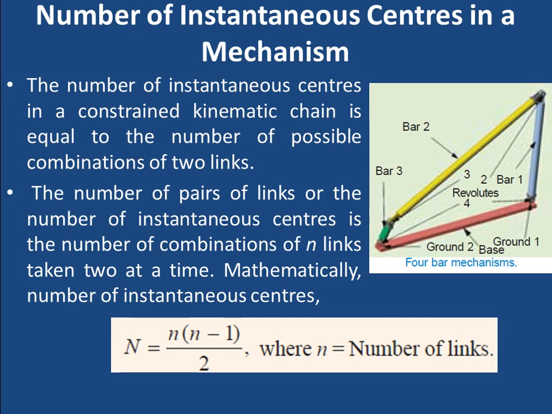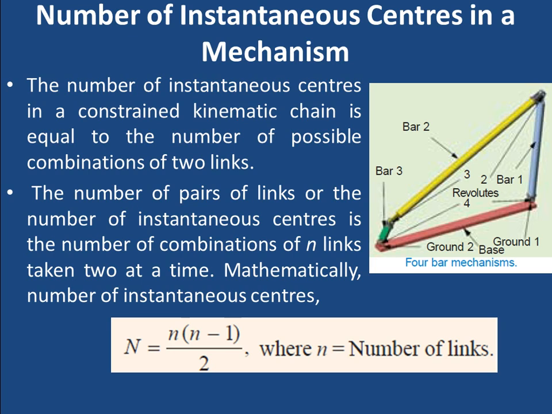So how many instantaneous centers did we get? 4. Then what will the other two combinations be? Any two links. For 4 links, there can be a maximum of 6 I centers: 1 2, 2 3, 3 4, 1 4, and then 2 4, and 1 3. Only 6 combinations are possible.